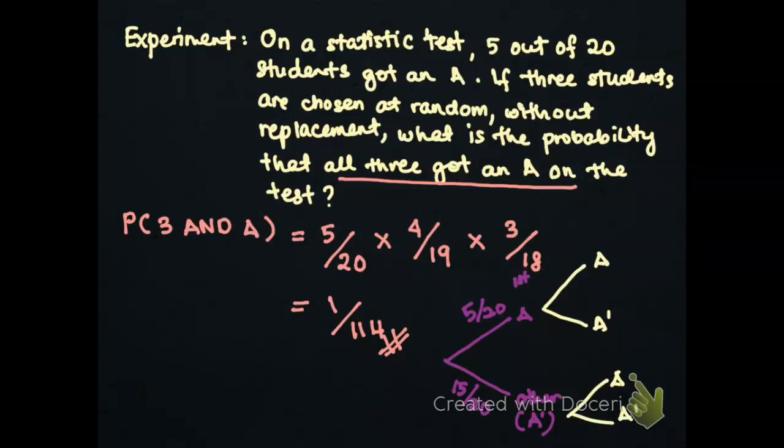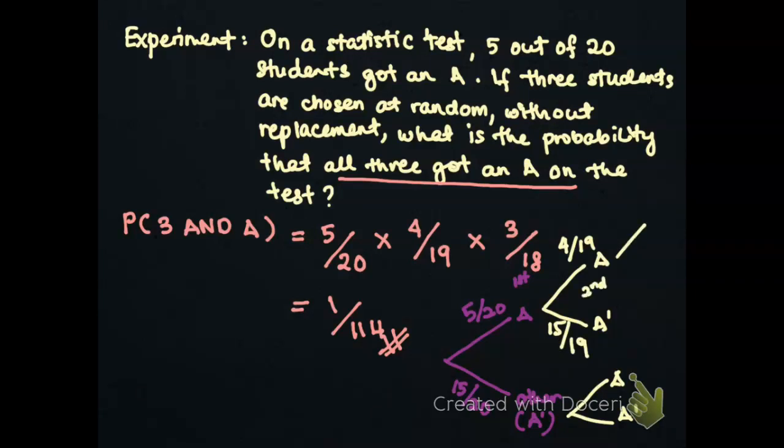Okay, so after I have chosen 5/20 here, after I have chosen one student from the first task and I do not replace it back, this will be 4/19, and here will be 15/19. Okay, this is the second task.